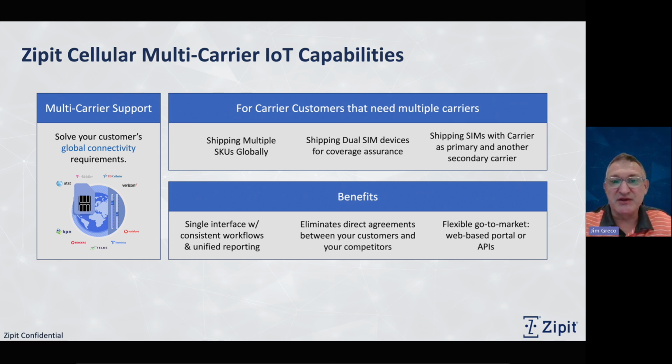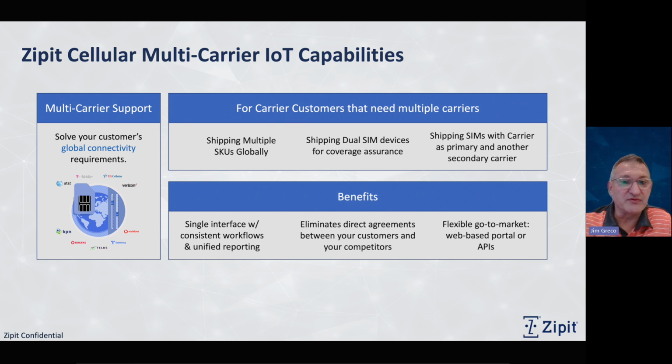Customers can use Zipit's multi-carrier solutions for use cases like dual SIMs for coverage assurance, and applications like primary and secondary options. Our customer value when they deploy multi-carrier services: one, they get a single interface to manage all the data, and a single contract with Zipit to deal with all the carriers.